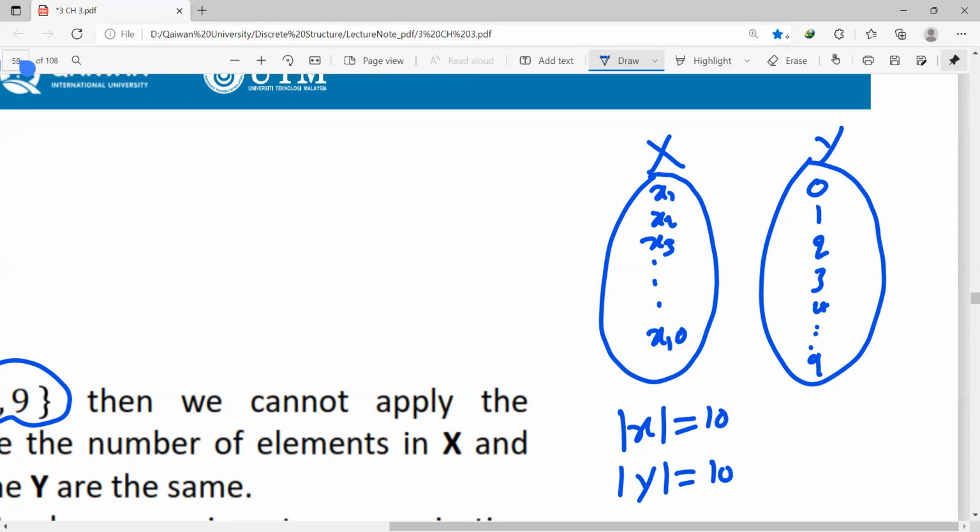What we do, we suppose that one of the students doesn't communicate with any others. Okay, one of the students doesn't communicate with any of the others. That means here the number of communications is reduced to 8.